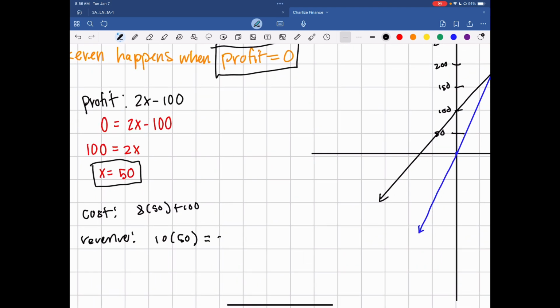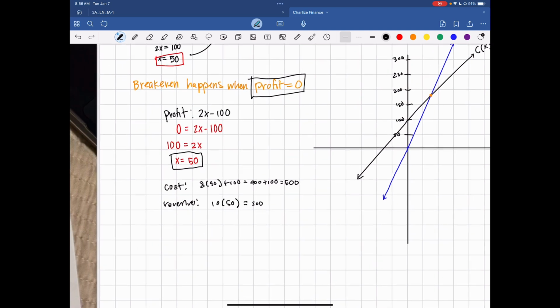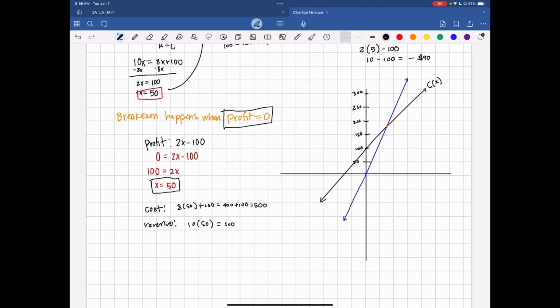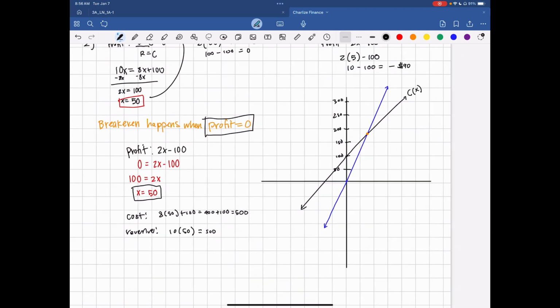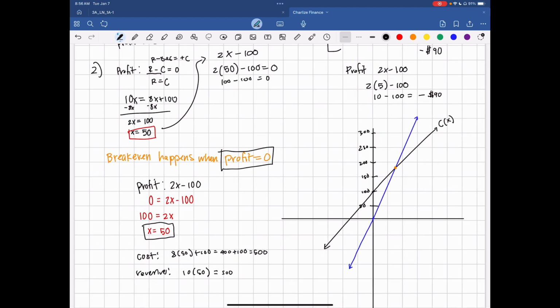This would be 500, and then this would be 400 plus 100 is equal to 500. So when the cost and revenue are equal to $500, my profit is equal to 0. This is just breaking down the equations even more.